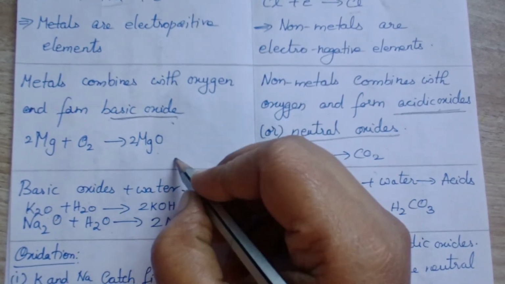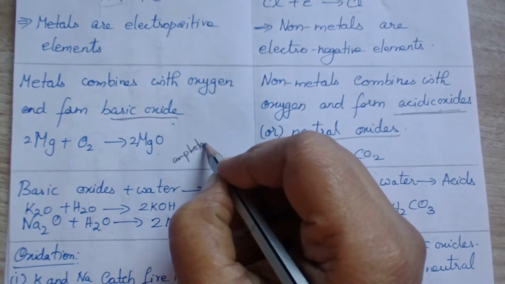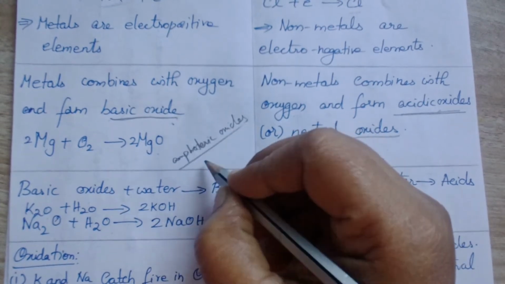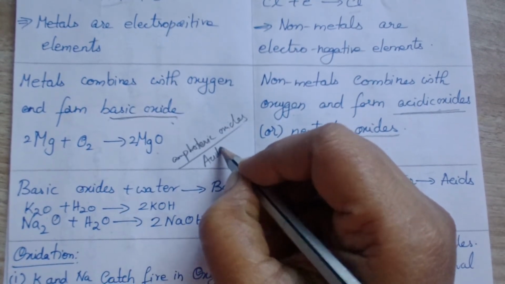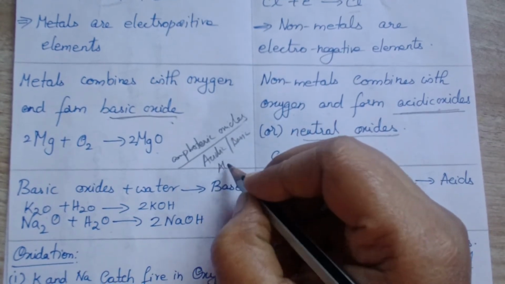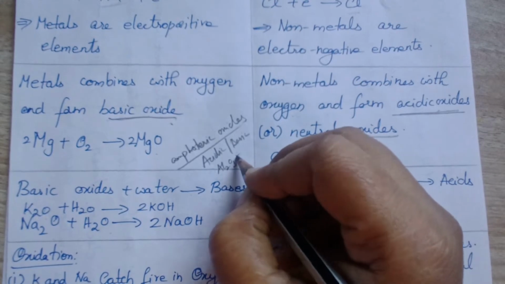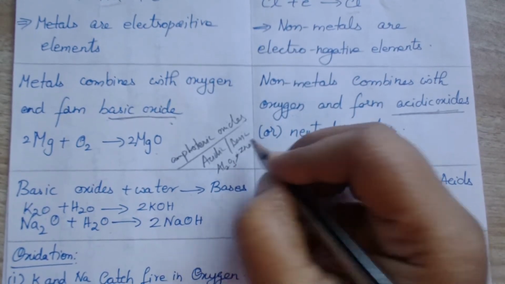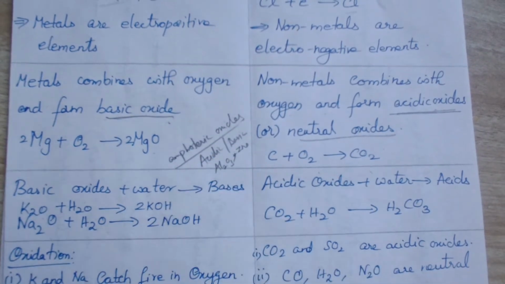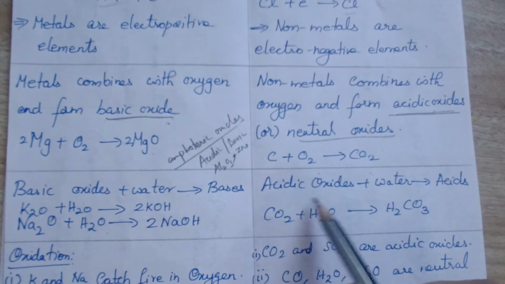Such metal oxides are called amphoteric oxides. Examples are aluminium oxide and zinc oxide. So they have both acidic and basic properties.